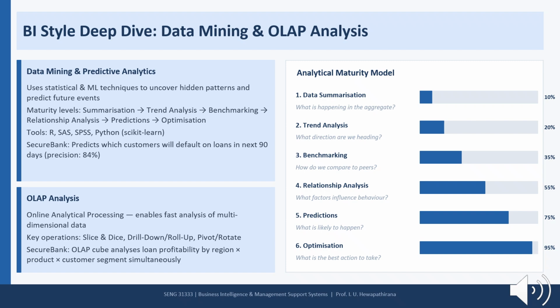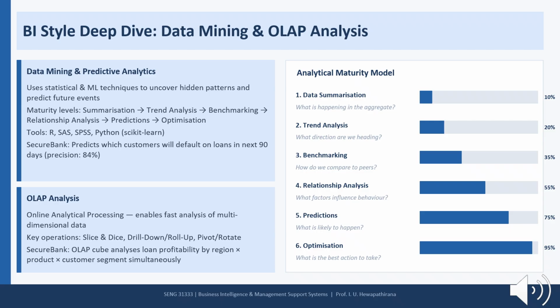At Secure Bank, data mining is used to predict which customers are likely to default on their loans within the next 90 days, with a precision rate of 84%. That means for every 100 customers the model flags, 84 actually do default. That is actionable intelligence.